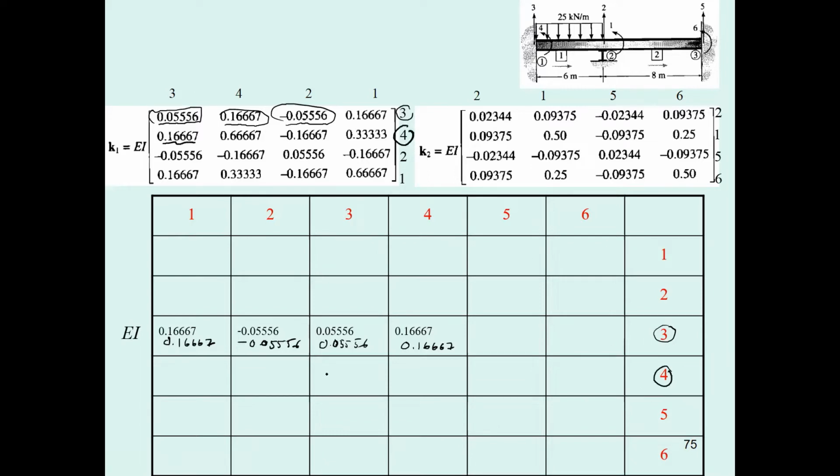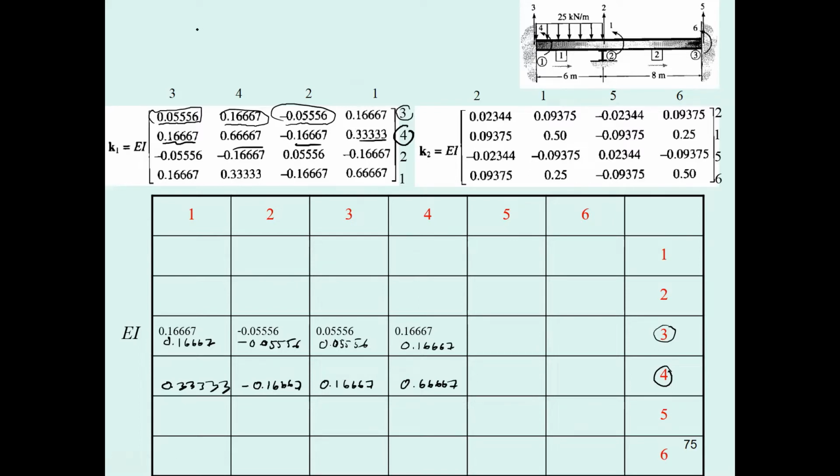Again, you start with 3. 0.1667. Do it carefully. Number 4. 0.6667. And then go to number 2. This one minus 0.1667, and then go to number 1, 0.3333 and 3.